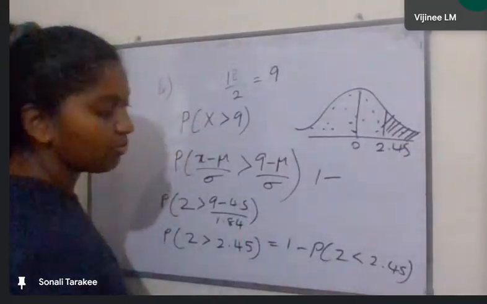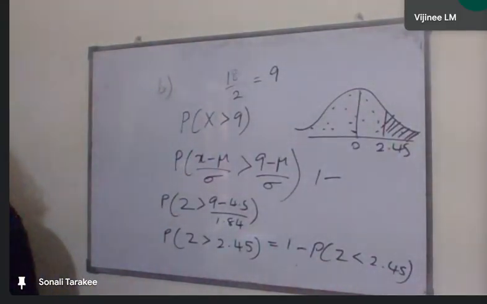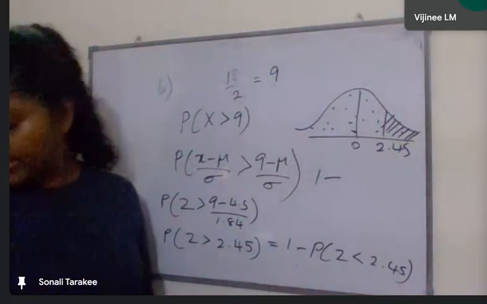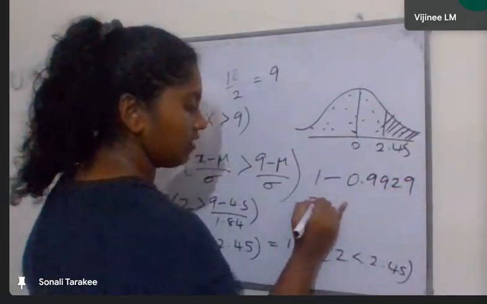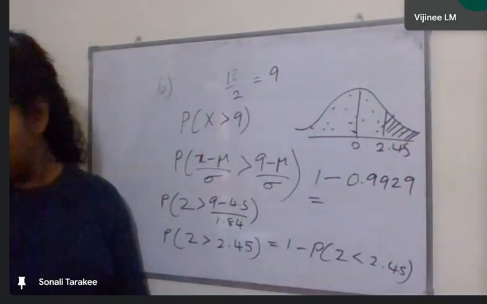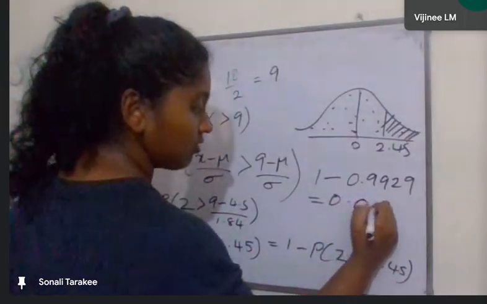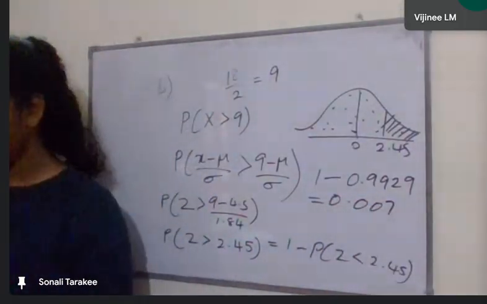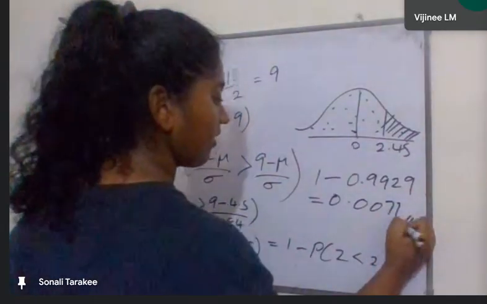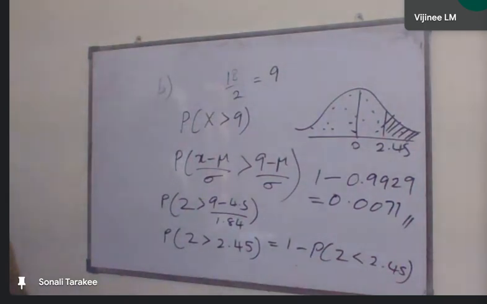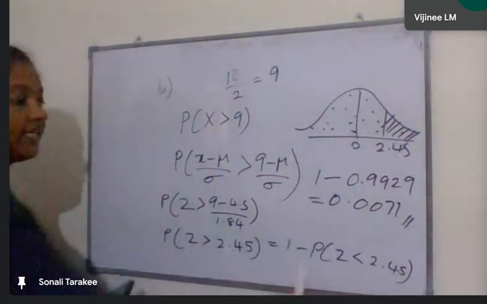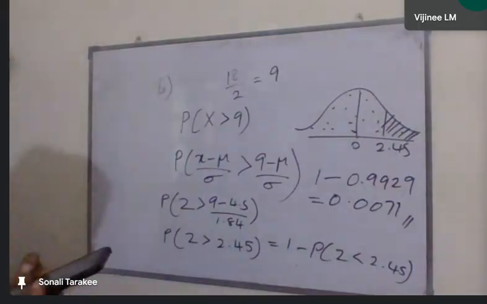So 1 minus P(z less than 2.45) is 1 minus 0.9929. So you get the value 0.0071. This is the probability that he will pass.